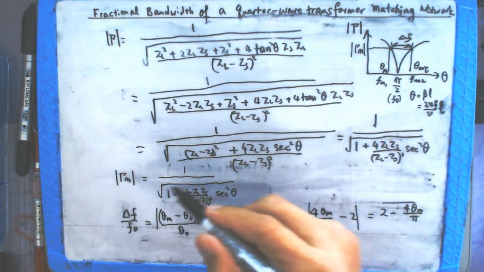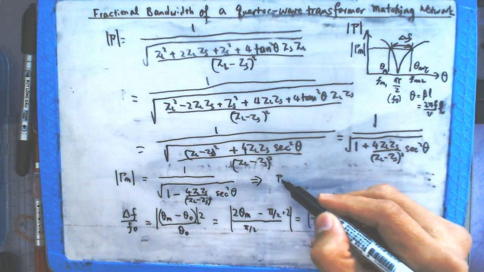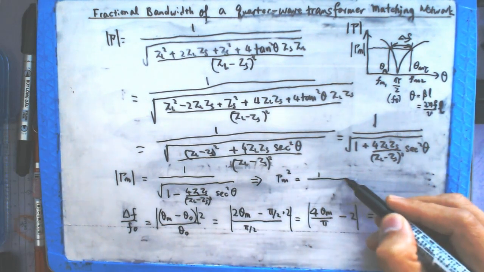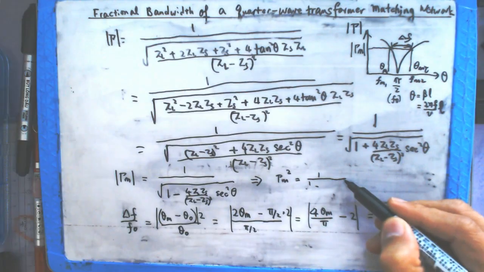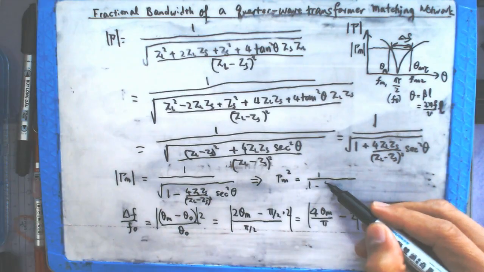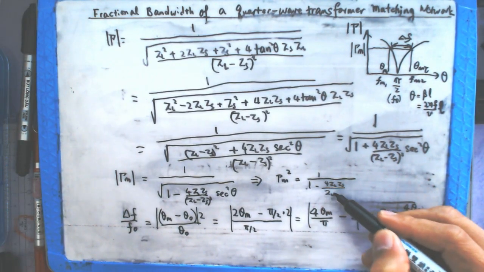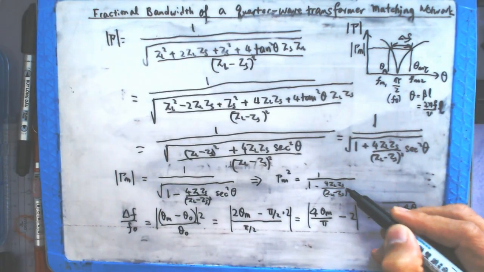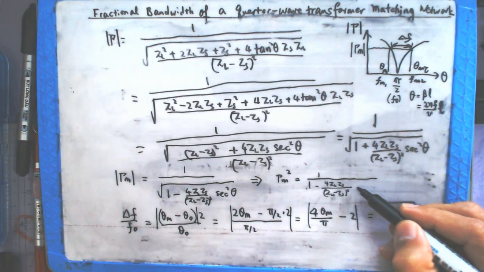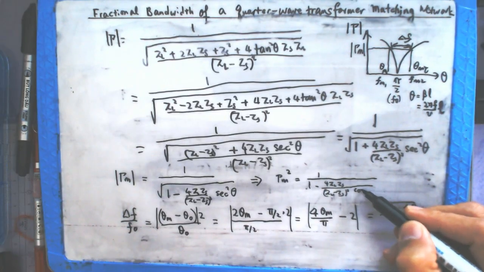If we take square for both sides, we get beta m square and then 1 over 1 minus 4, and then secant square is 1 over cosine square.